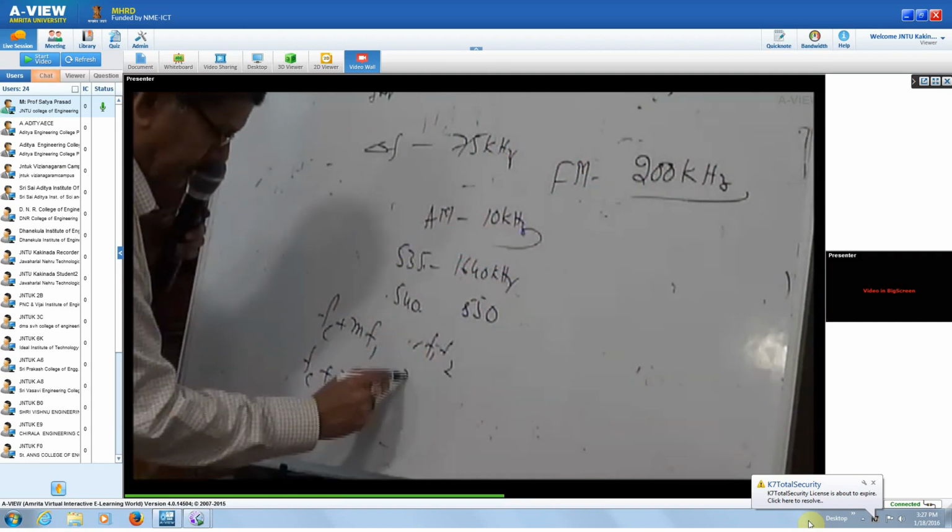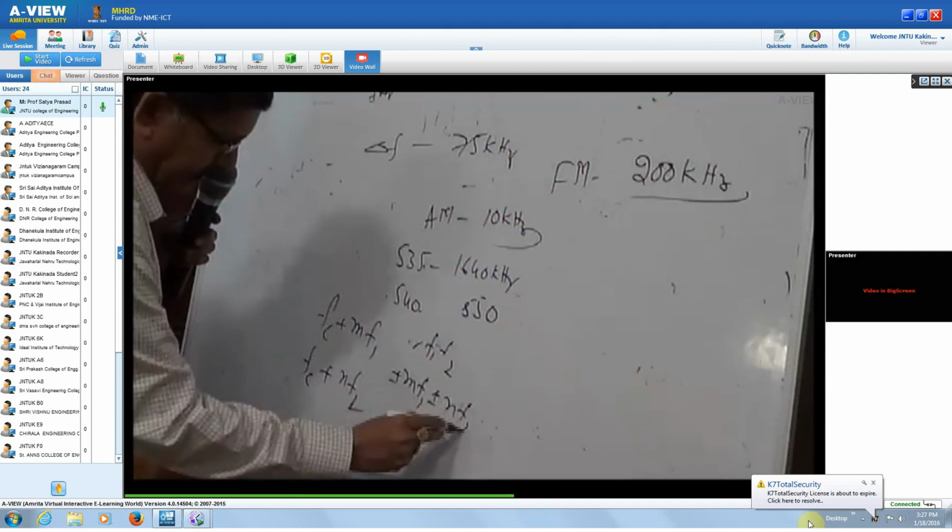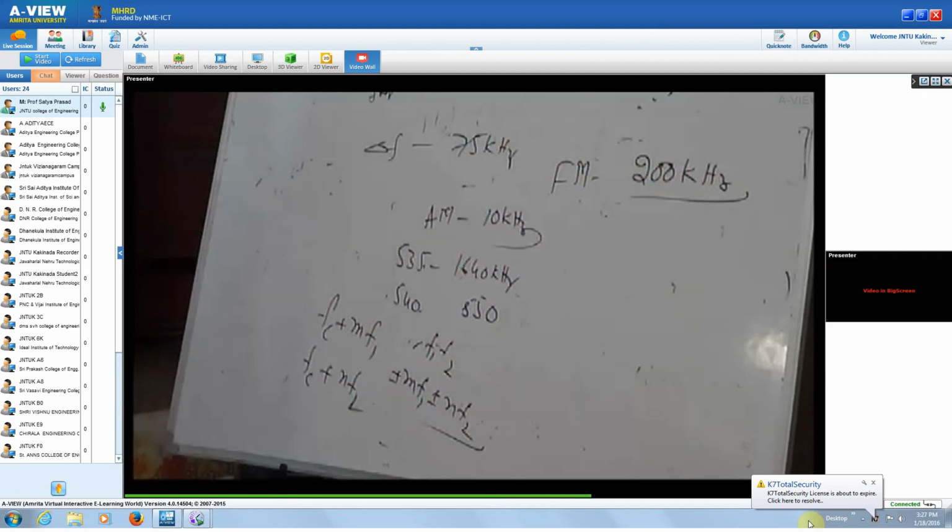So we are going to get MF1 plus or minus NF2. That means now, for F1 you are having beta 1 plus 1 sidebands, and for F2 we are having beta 2 plus 1 sidebands.